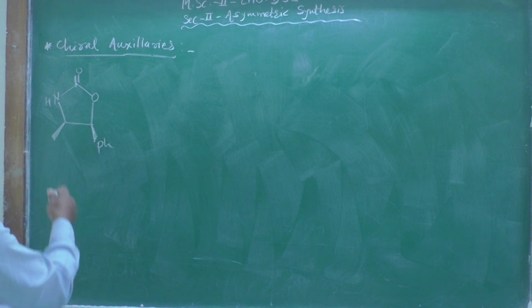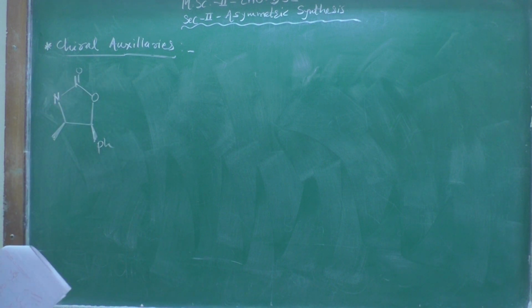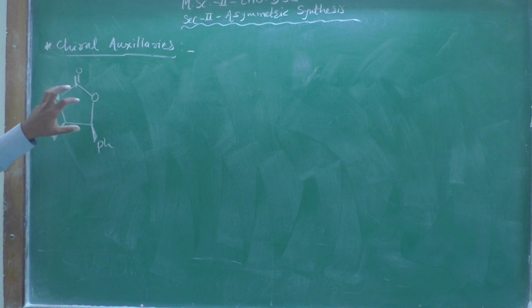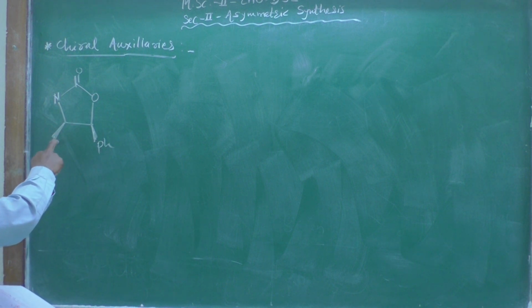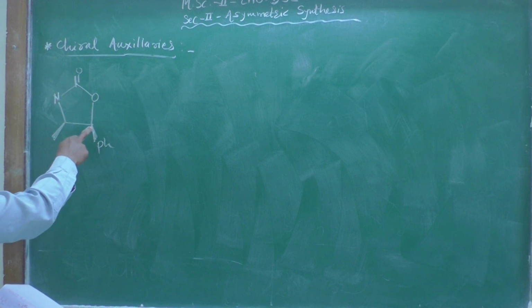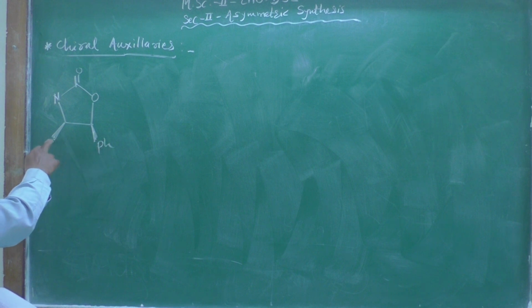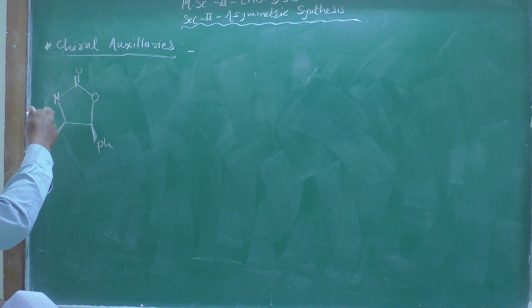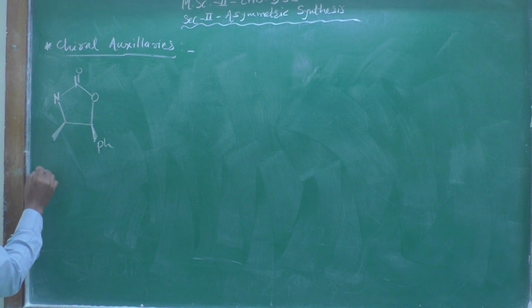This chiral auxiliary looks similar to the chiral auxiliary obtained from S-valine, but the substituents attached to this five-membered ring are different: here it is phenyl, and here it is methyl. In the previous example, this carbon atom didn't have any substituent, and this carbon atom had an isopropyl group.